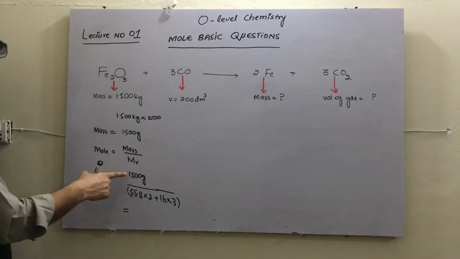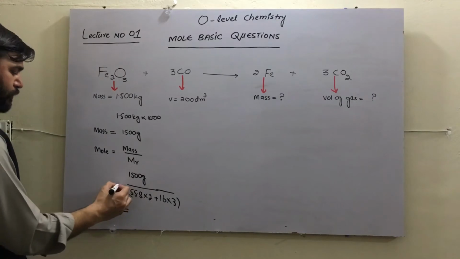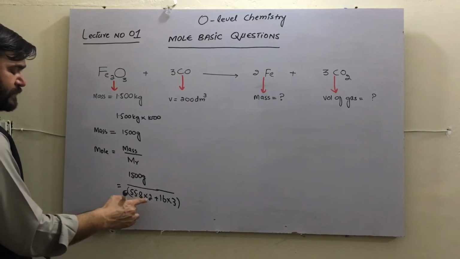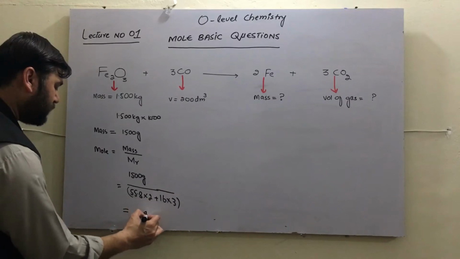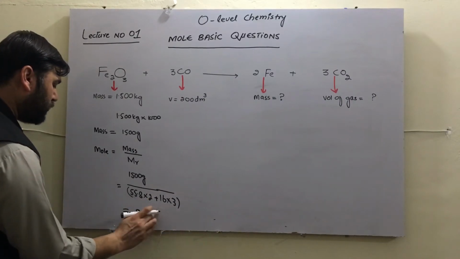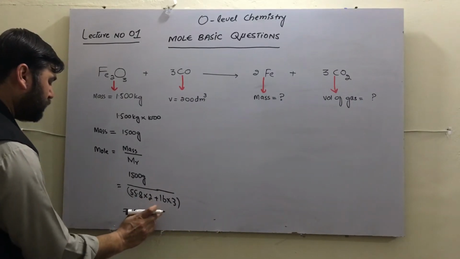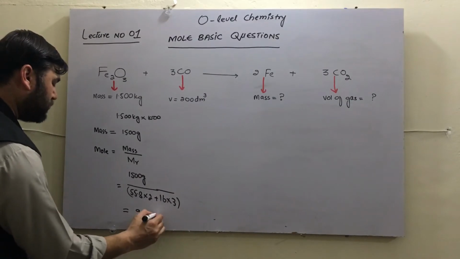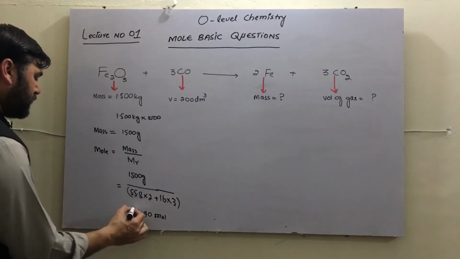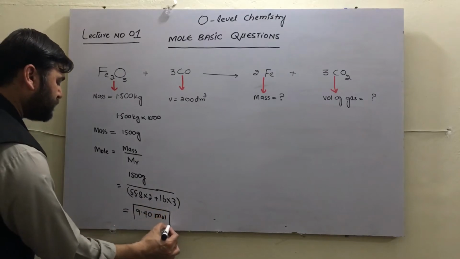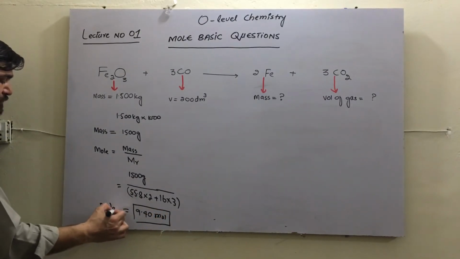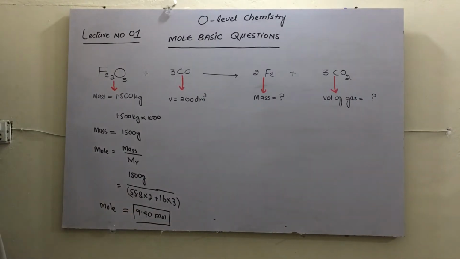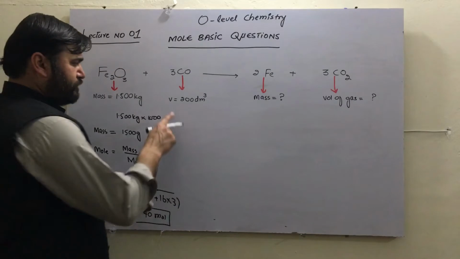When we divide 1500 by 55.8 multiplied by 2 plus 16 multiplied by 3, the answer is 9.40 mole. This is the mole in this question, 9.40 mole.